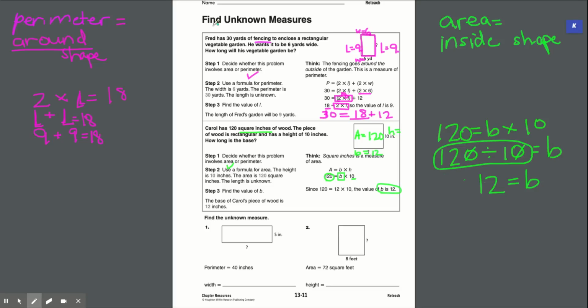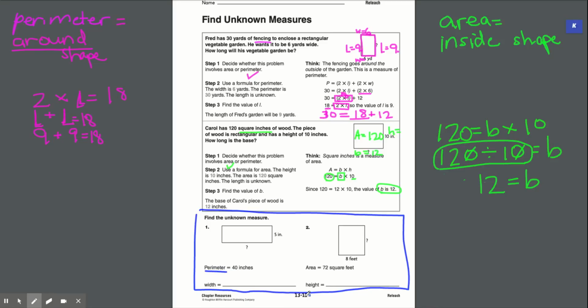So that's how we find unknown measures. First, you decide if it's area or perimeter. Then you write the formula and you find the missing value. So you will see these two questions today in your Google form. It will be the same as these two questions where you have to use the information you know.